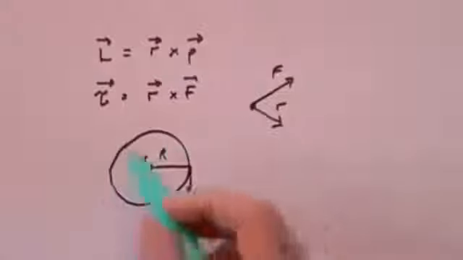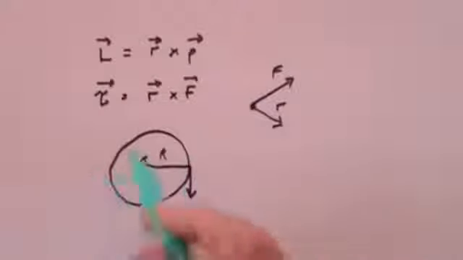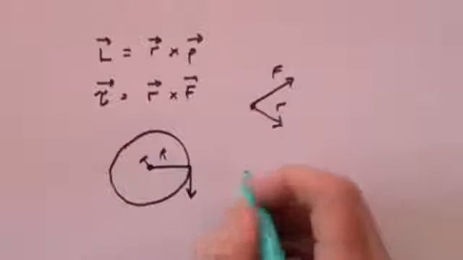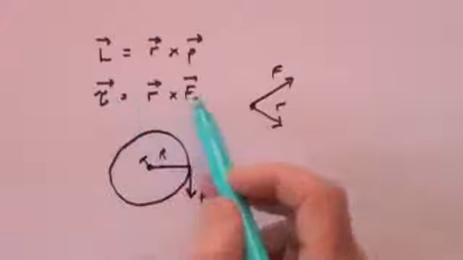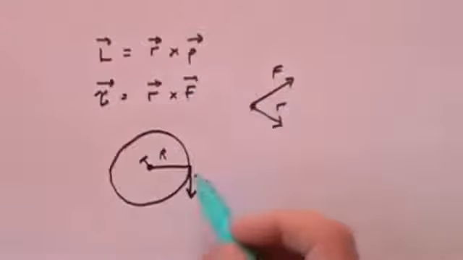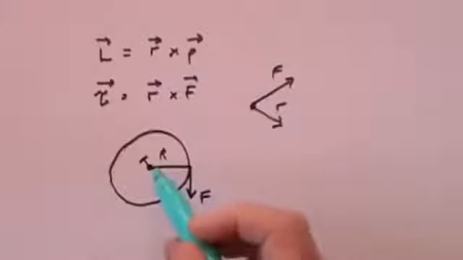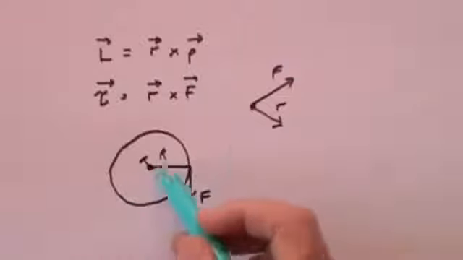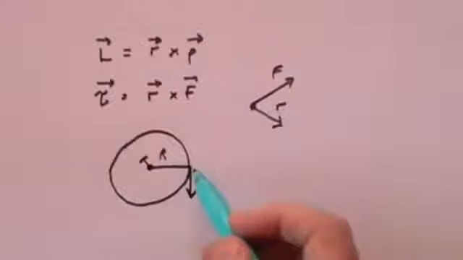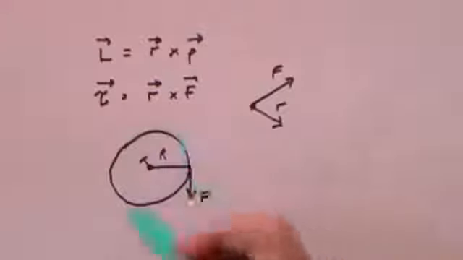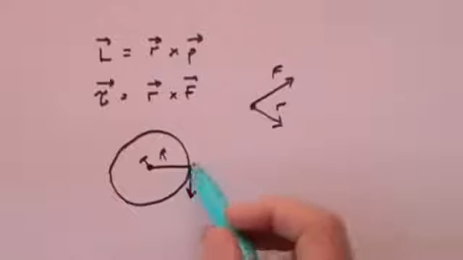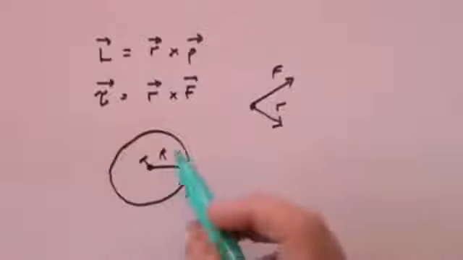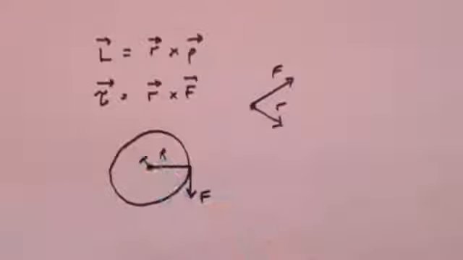I spin it clockwise by giving it a force F. Then this formula will tell you what the torque will be, but the important thing is that the torque will be along the axis of rotation. Since I'm turning this clockwise, the torque will be into the paper. If I applied the force in the other direction and made it go anti-clockwise, the torque would come out of the paper.